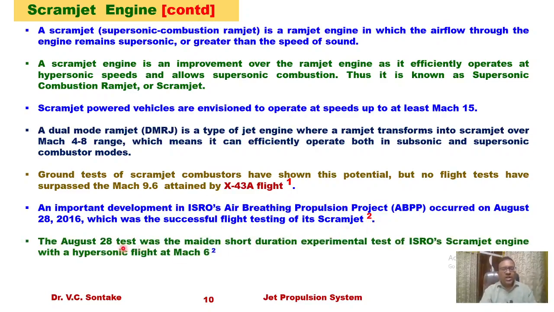The August 28 test was the maiden short-duration experimental test of ISRO's scramjet engine with a hypersonic flight at Mach 6. The scramjet engine, designed and tested by ISRO, could achieve a speed of Mach 6, and still it is in the development stage.